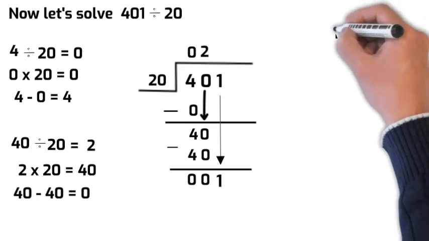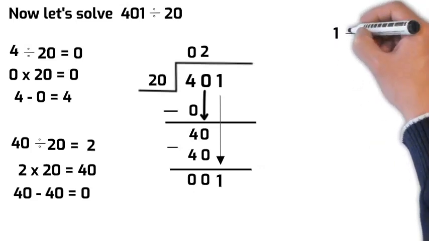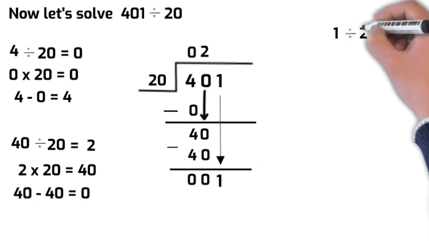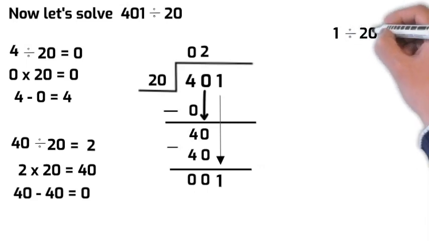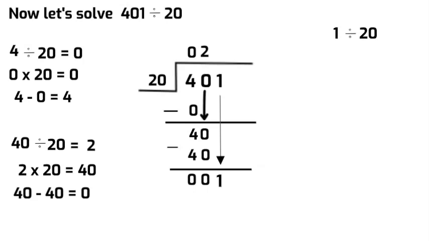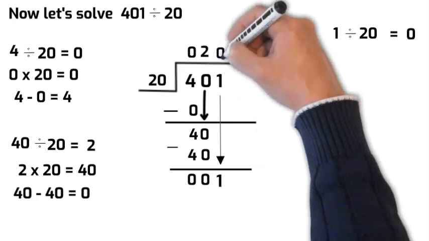Next, we say 1 divided by 20. 20 people can't divide one thing. So, we say 1 divided by 20 is 0. We go on top of our third digit number of our dividend and write down 0.